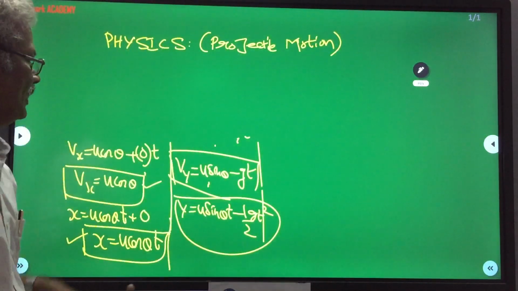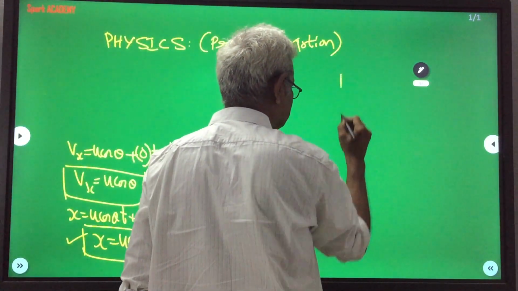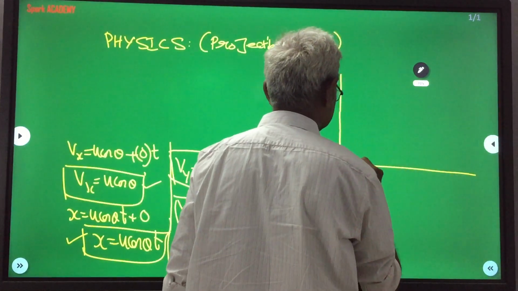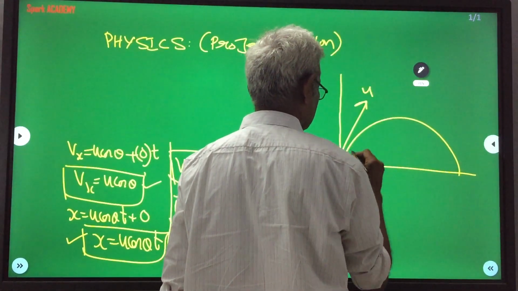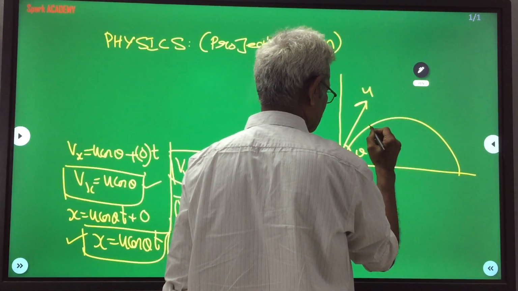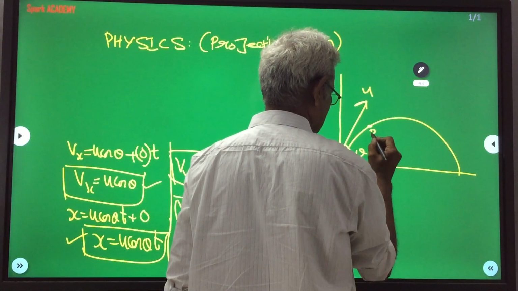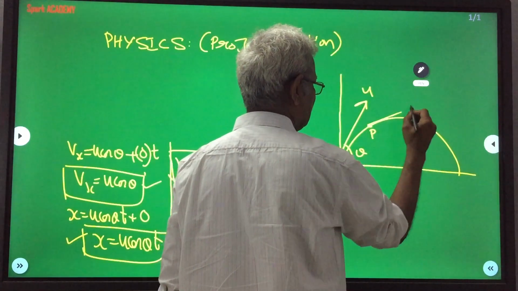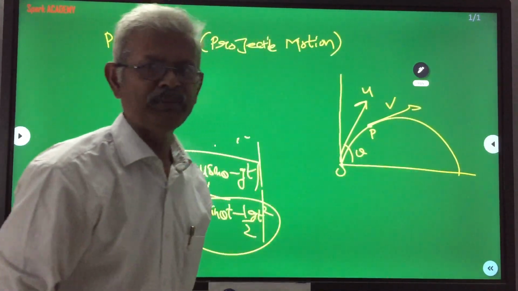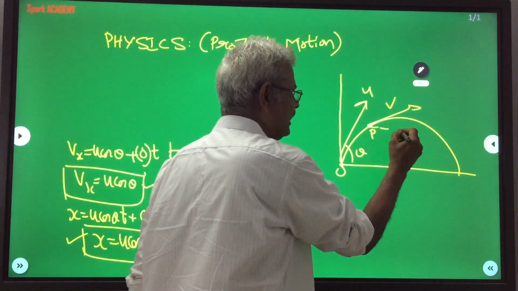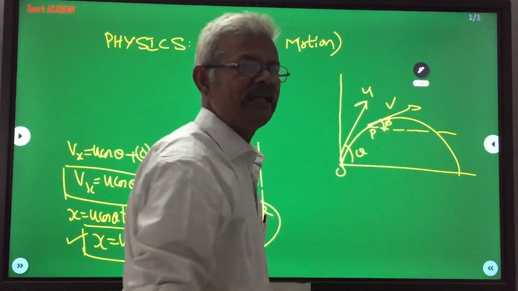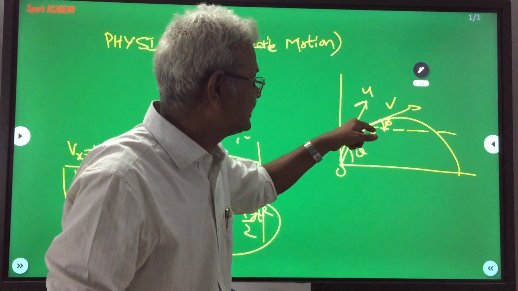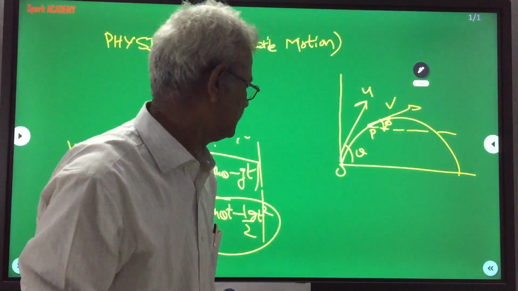Okay, now I will write one thing. From the origin, it has come to some point P, and here let us take this angle as phi. Phi is the angle made by the direction with the horizontal direction.